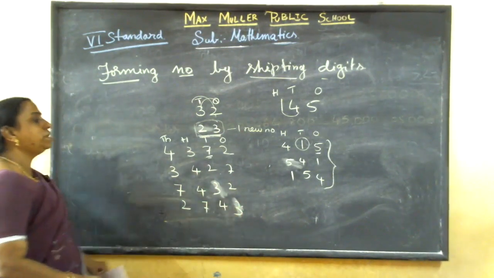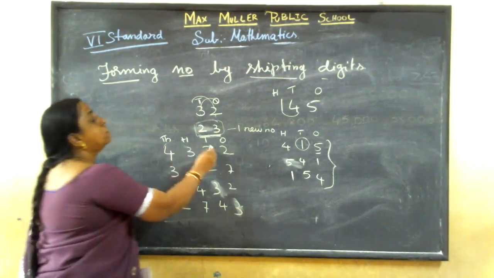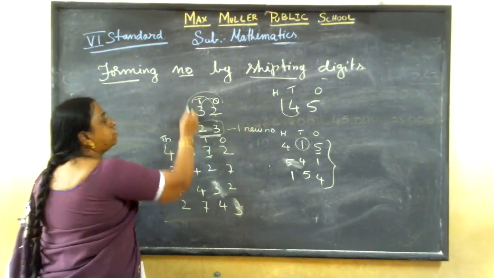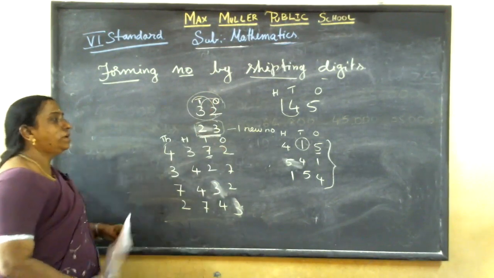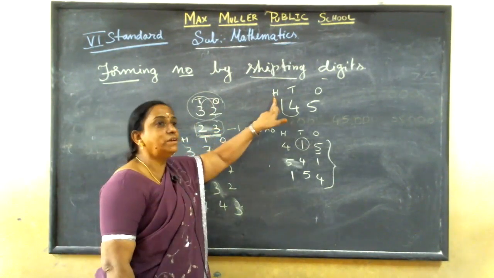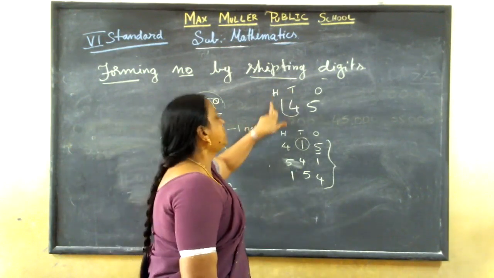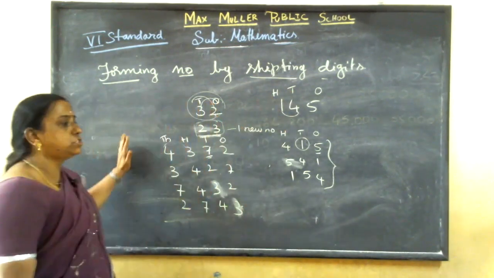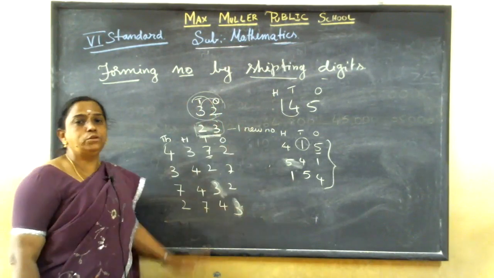So we will get many numbers if we interchange the places here. If you take only a 2-digit number, we can form only one new number. If we interchange the digits of a 3-digit number or more, we can form many new numbers.